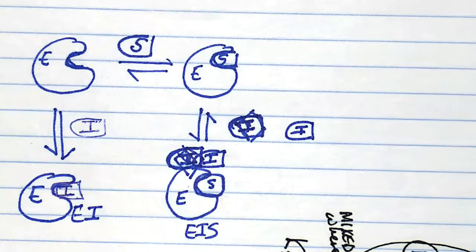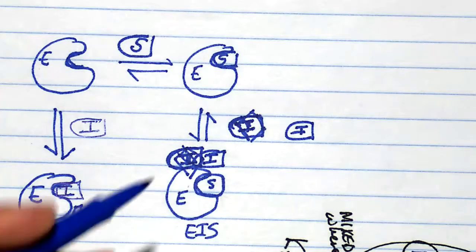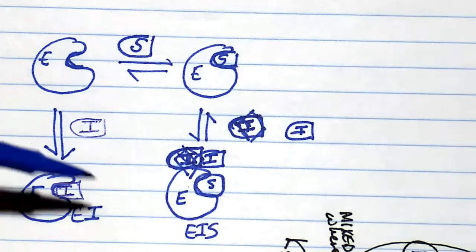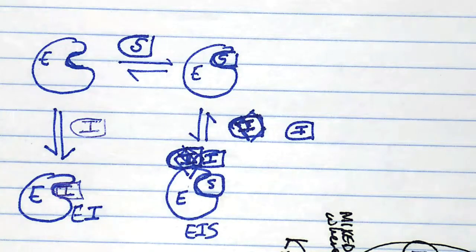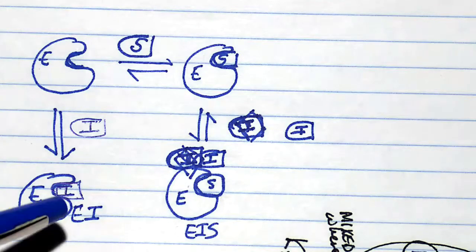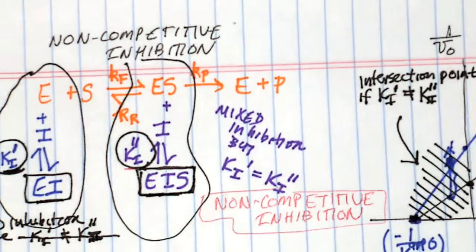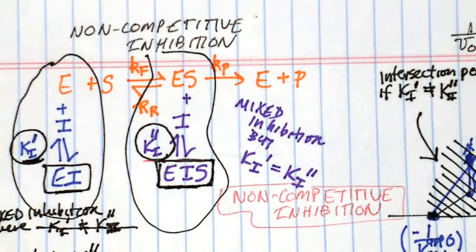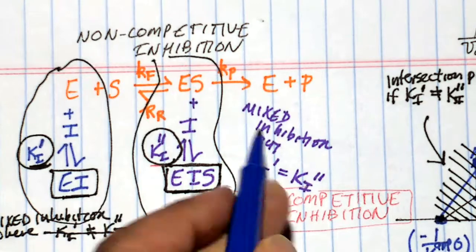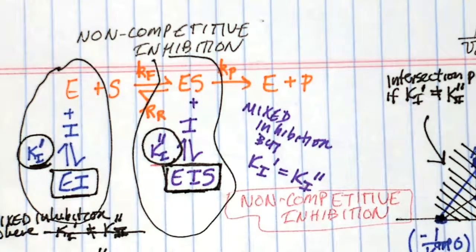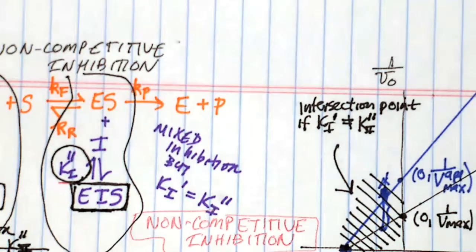So we have all of this going on here. We have the uncompetitive properties in our mixed inhibitor, and then we have the competitive inhibitor properties in our mixed inhibitor. All right, so this is non-competitive inhibition. The most important point to realize is that non-competitive inhibition is a special type of mixed inhibition.